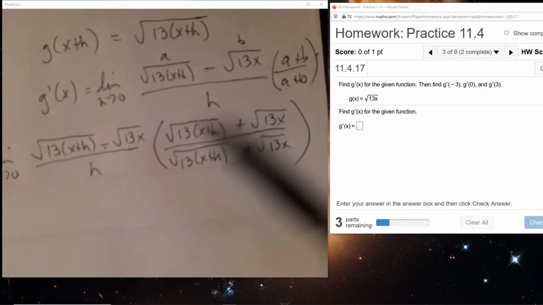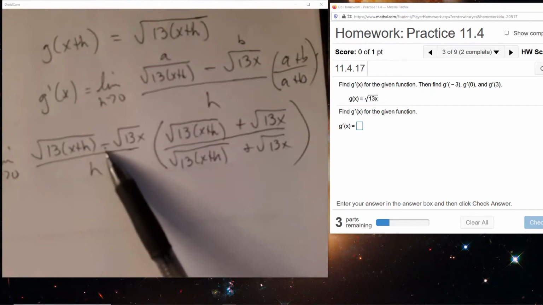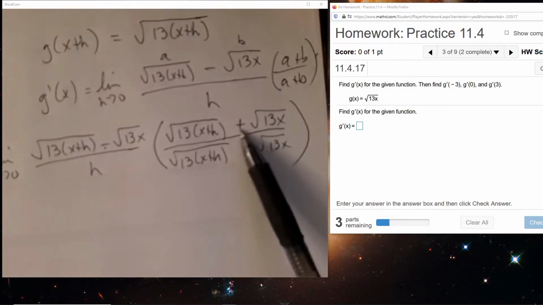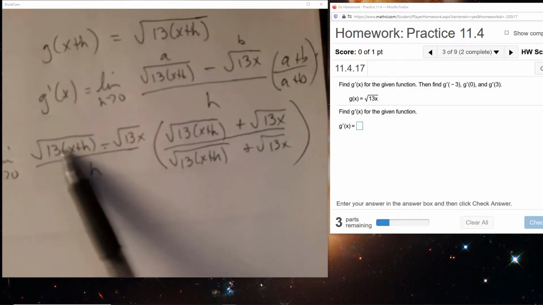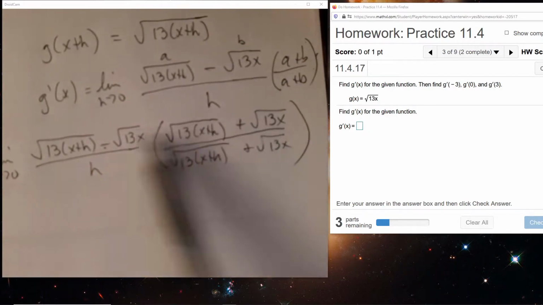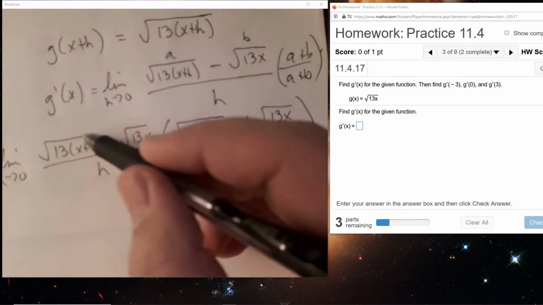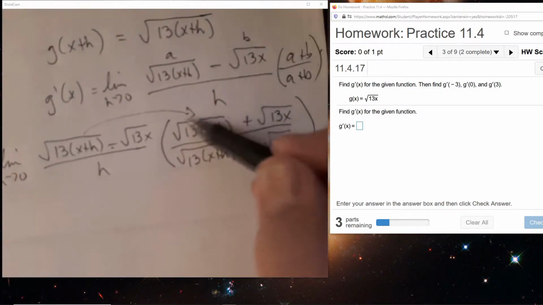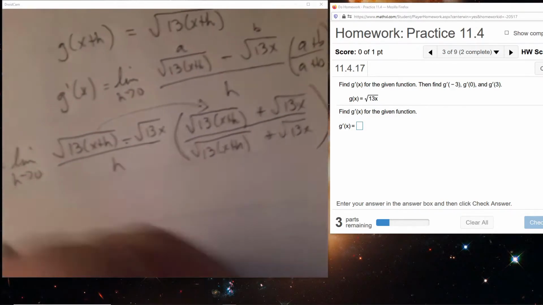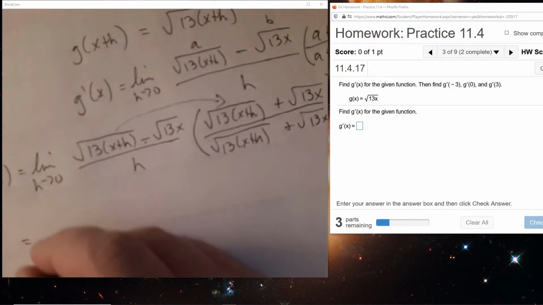So again, all I did was change the sign here, this minus to a plus, because now the numerator is a difference in squares. So when we distribute this, doing FOIL, square root times a square root will get rid of the square root.